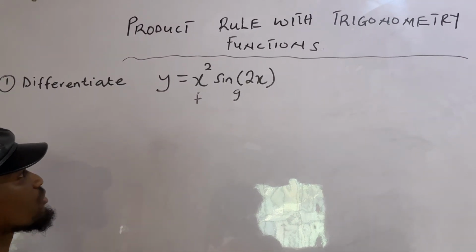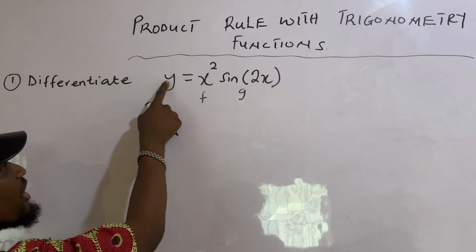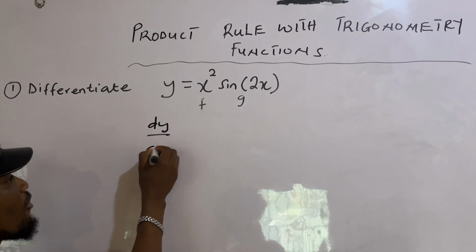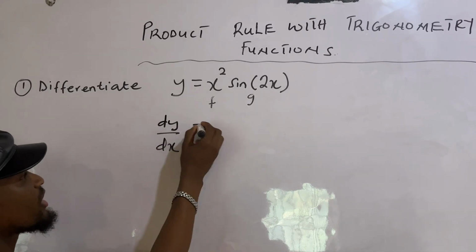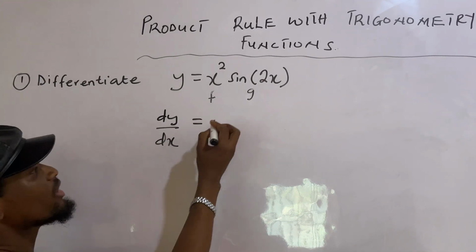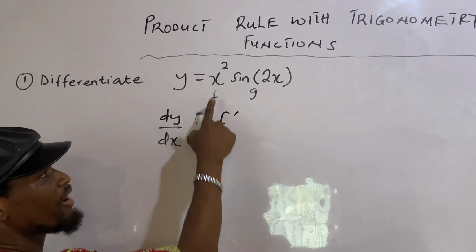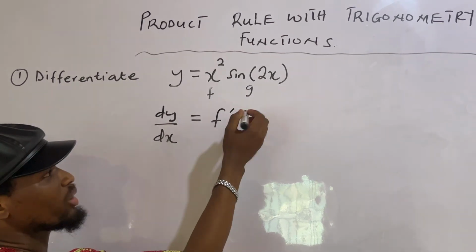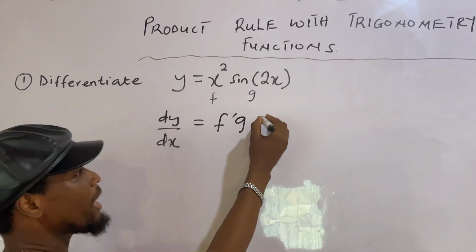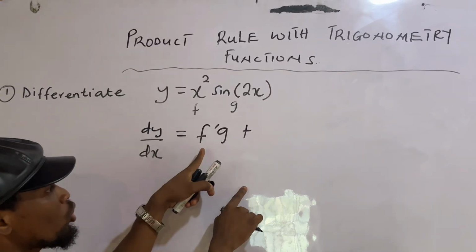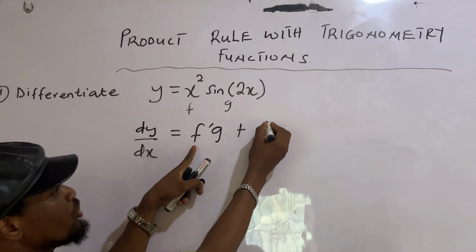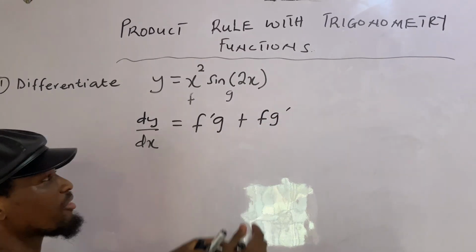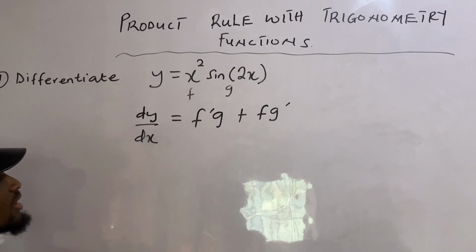The product rule says that when you differentiate y with respect to x, I have dy over dx, which is equal to: you differentiate the first function, f or u, then you maintain your second function, j. Then plus, you keep the first function, then you differentiate the second function. As simple as that.